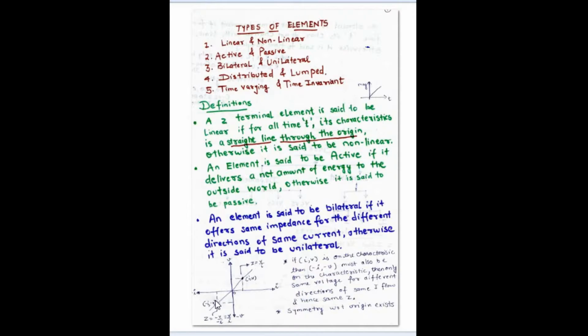Symmetry with respect to the origin should exist for a particular element, then it is said to be bilateral. Otherwise, if symmetry doesn't exist with respect to the origin, it is unilateral. Symmetry means the magnitude in the first quadrant and the magnitude in the third quadrant are the same and not changing.